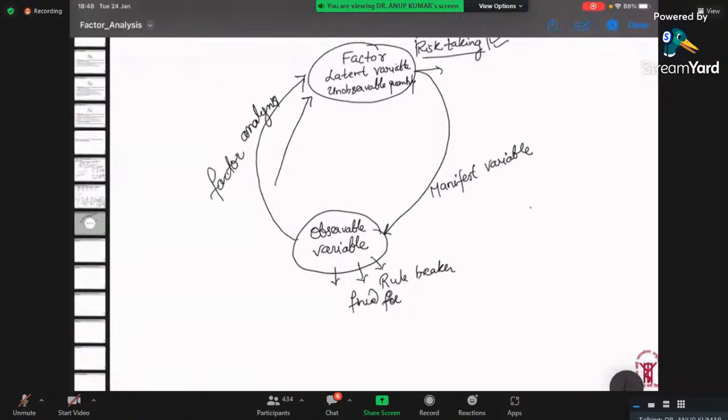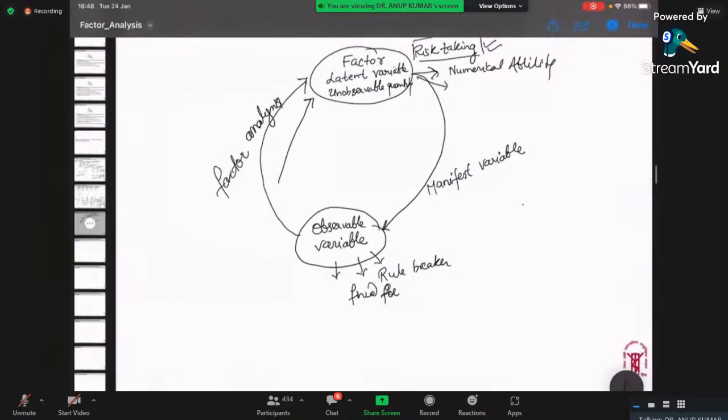One hidden factor is numerical ability, and the other hidden factor is literature ability. You want to measure this numerical ability and literature ability of the student.